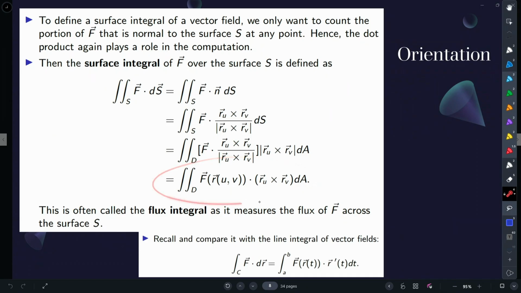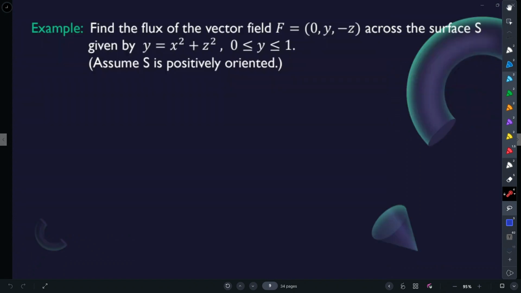This formula also resembles the formula we got when we were integrating a vector field along a curve, which was the vector field evaluated at points on the curve, dot product with the tangent vector. So this is, in some sense, a similar formula to that one.